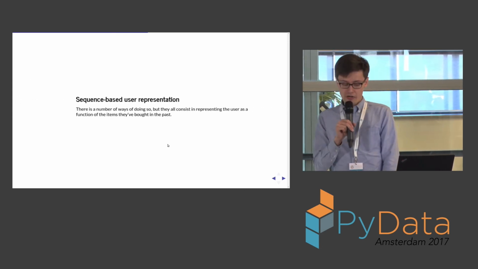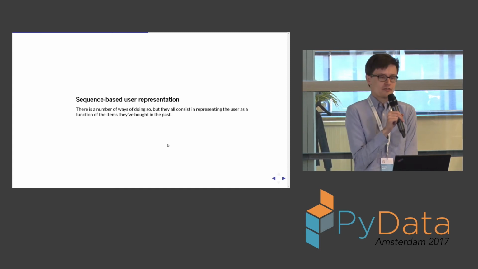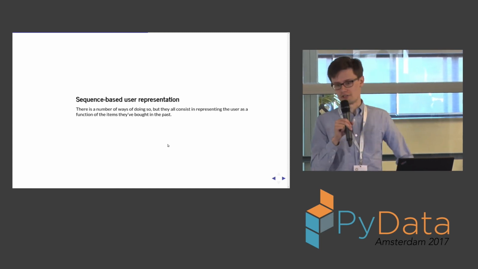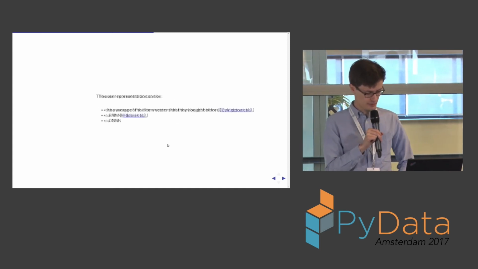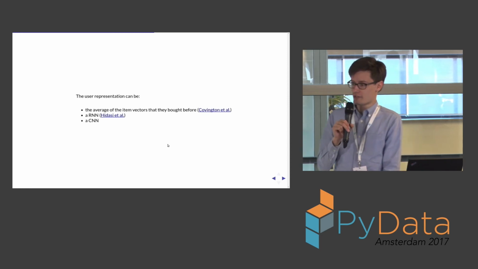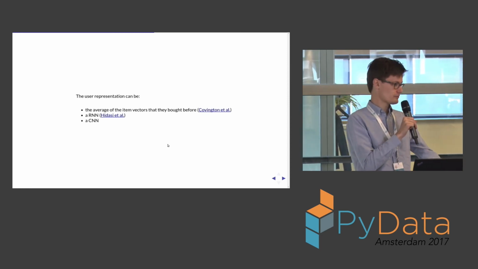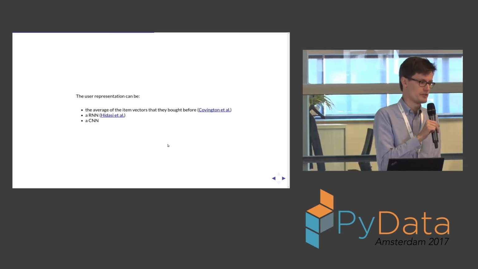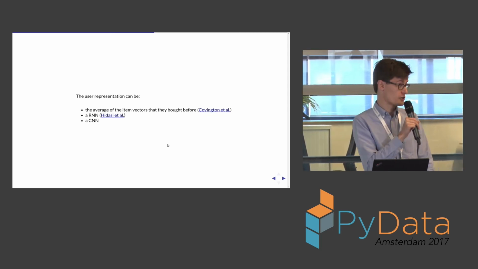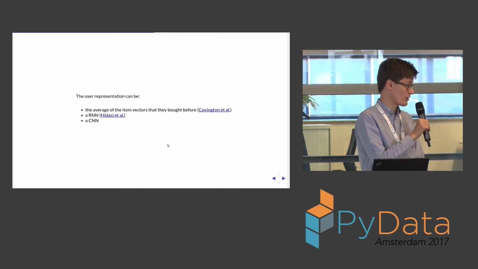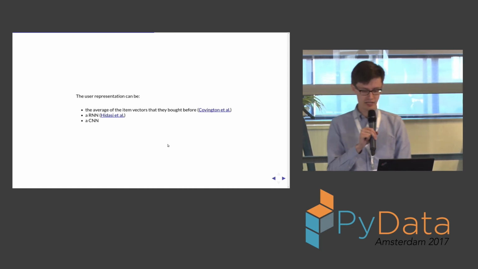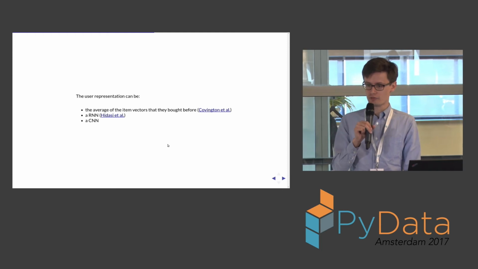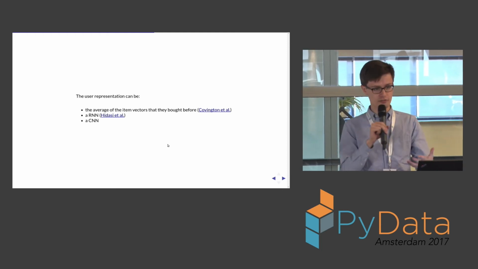So there is a number of ways of doing so, but they all consist in representing the user as a function of the items they've bought in the past. So the user representation can be a pooling representation. So we can just take the user as an average, or maybe the sum of all the representations of the items that they interacted with in the past. We can use a recurrent neural network, where we actually try to capture the sequence structure.